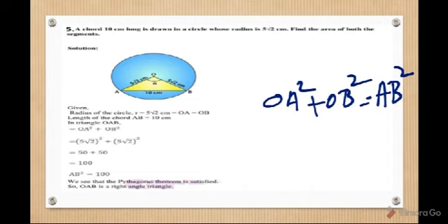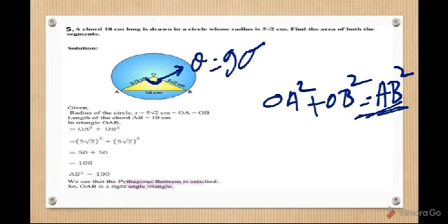So by using converse Pythagoras theorem, you can say that this OAB triangle will be a right angle triangle, and the angle opposite to AB, the angle opposite to this third side will be 90 degree. The angle opposite to AB is this one, AOB, that means the value of theta will be 90 degree. Okay, so you got the value of theta as 90 degree.